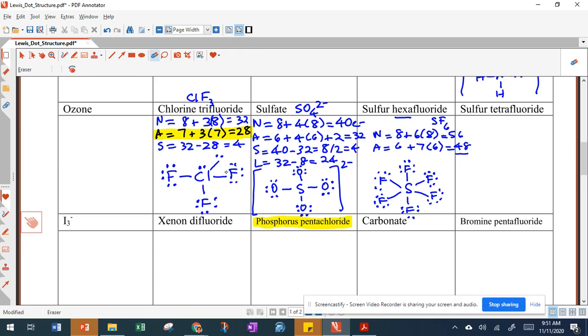Sometimes instead this is drawn, let me show you here, as 2 pairs on that central atom. So you could draw either way. And again, this is using 28, which is what we have available. So that is an expanded octet.